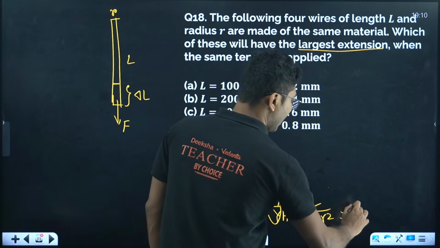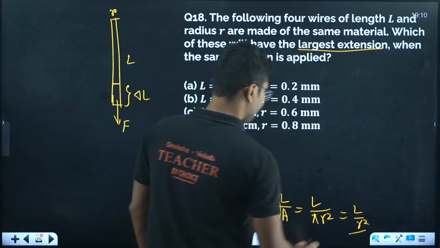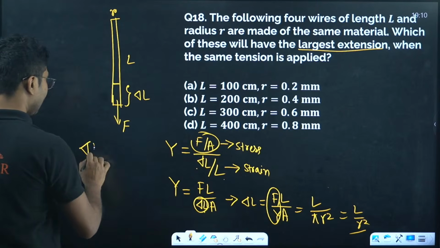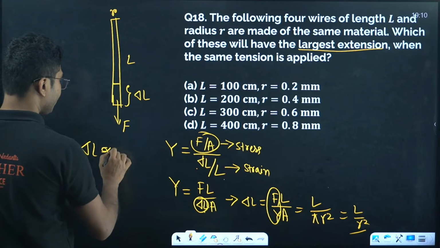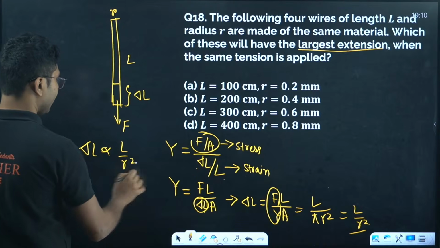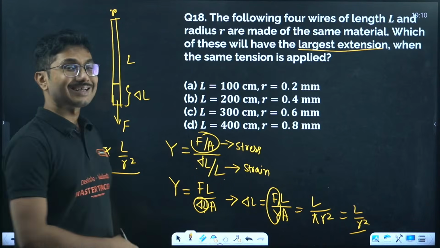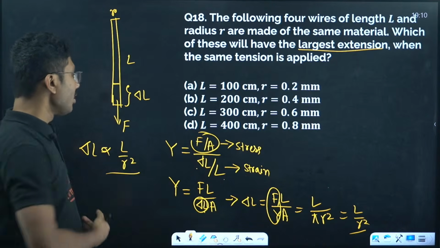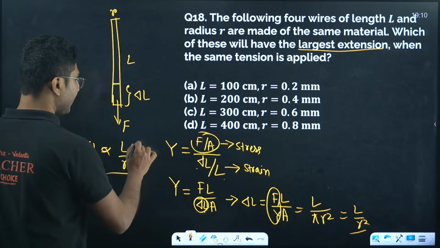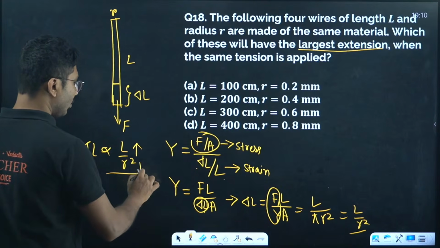So L upon r square. The change in length is proportional to length divided by r square. For maximum extension, we need a very high length and very low radius.